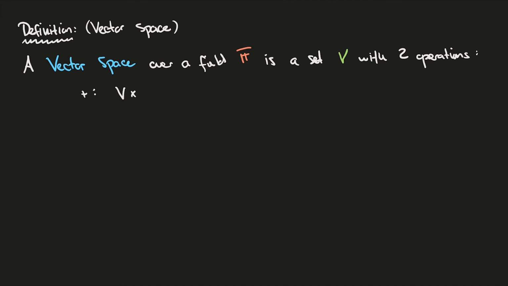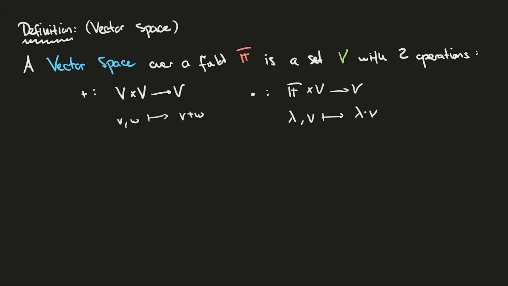This is a function from V cross V to V, and it maps elements v and w in V to their sum, v plus w. And then we also need a scalar multiplication, which is a function from F cross V to V. And this takes a scalar lambda in F and an element v of V and maps it to the scalar multiple lambda v.